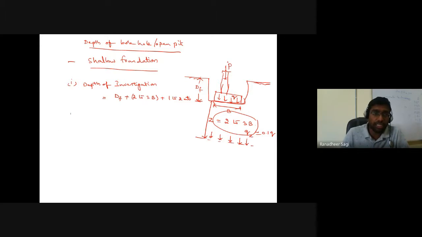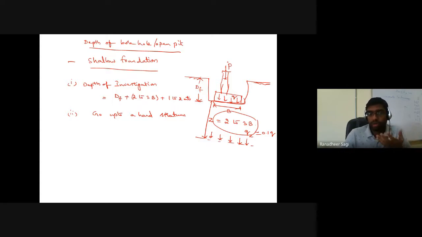The other way is, until we come across a hard stratum, you can go on to extend your borehole. So this is typically in the case of a shallow foundation.